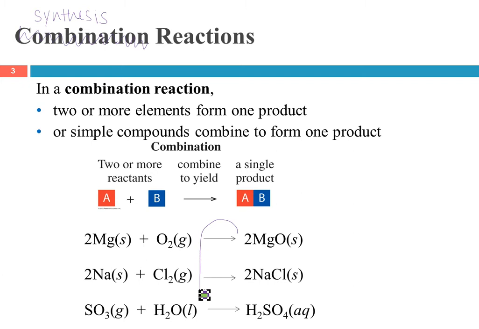From previous videos, you know that your yield sign is the arrow. The yield sign is going to be an indicator of what type of reaction this is, as in a synthesis reaction, you only have one thing to the right of the arrow. So when you're making something, you have all this other stuff on the left side, and it comes together to make one thing on the right side.